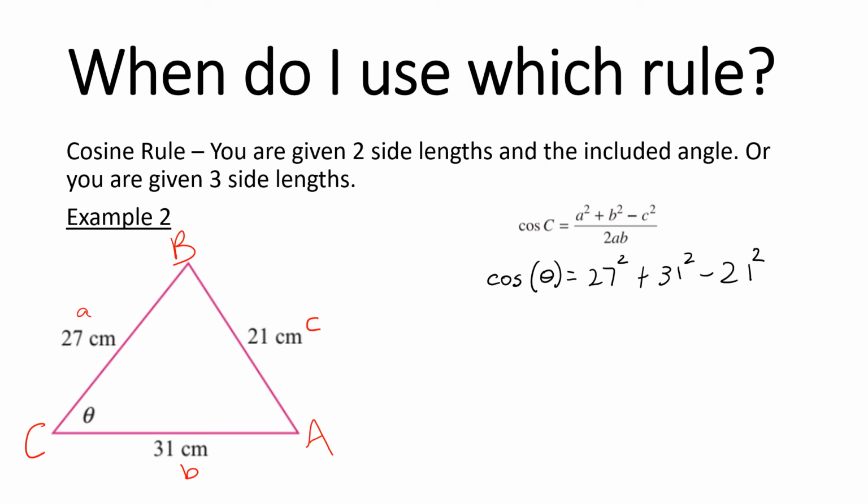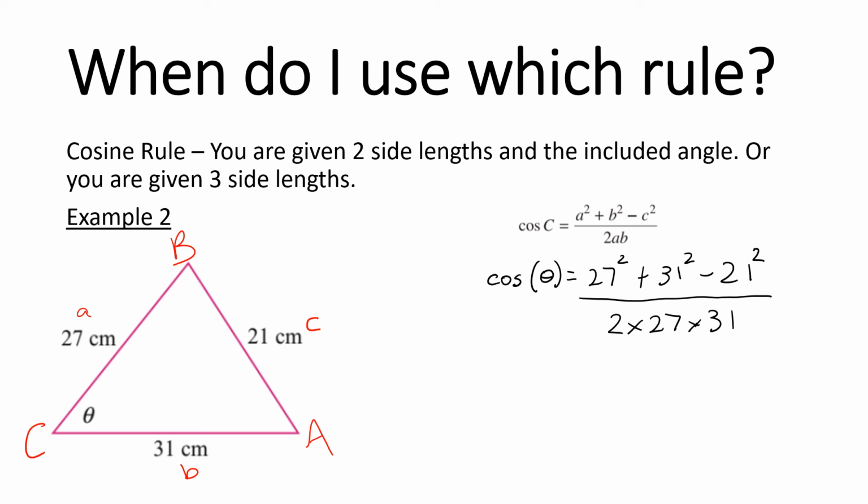It's really important that you recognise that you're minusing off the side C squared. So you're minusing off the square of the side that is opposite the angle you're trying to find. And all of that is over 2 times 27 times 31.